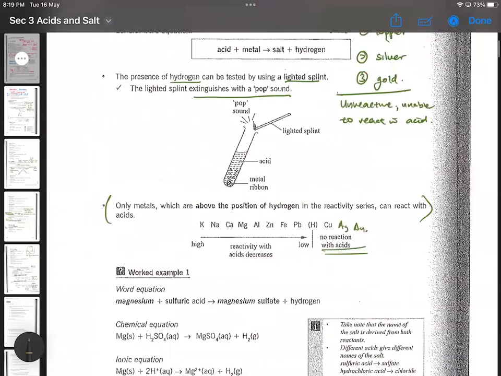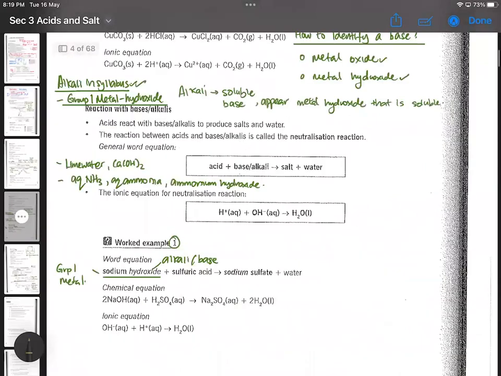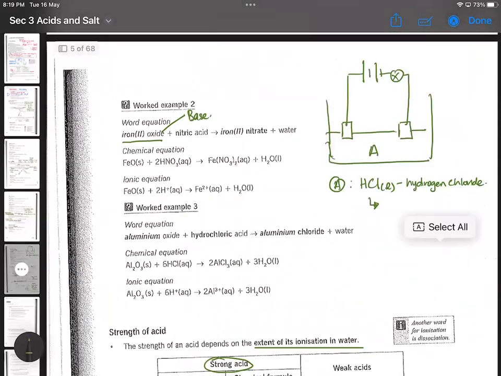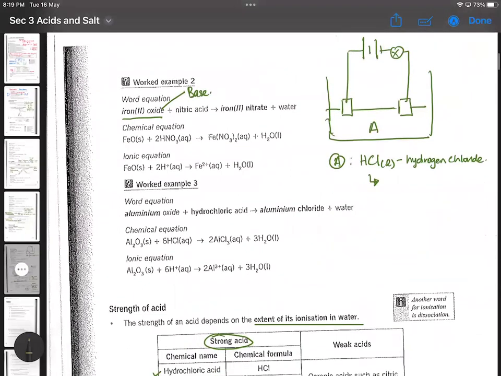So Clarice, back to the HCl liquid state. Will the light bulb light up or not? No, the lamp will not light up. And what's your reason for this? Because there's no H plus ion. Yeah, because HCl liquid state is actually a simple covalent molecule.